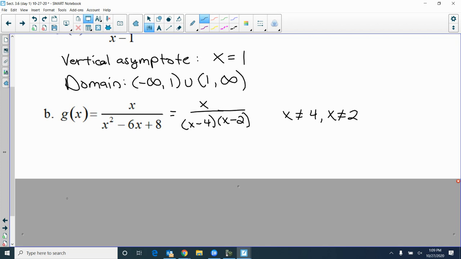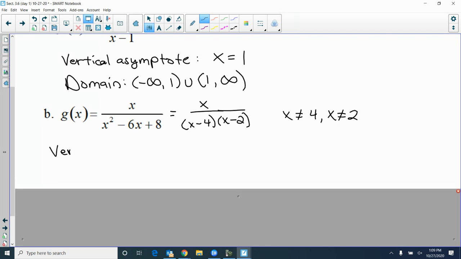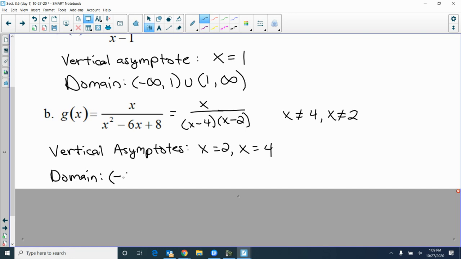Okay, so our vertical asymptotes are x equals 2, x equals 4, our domain, negative infinity to 2, union 2 to 4, union 4 to infinity. Okay, for that.